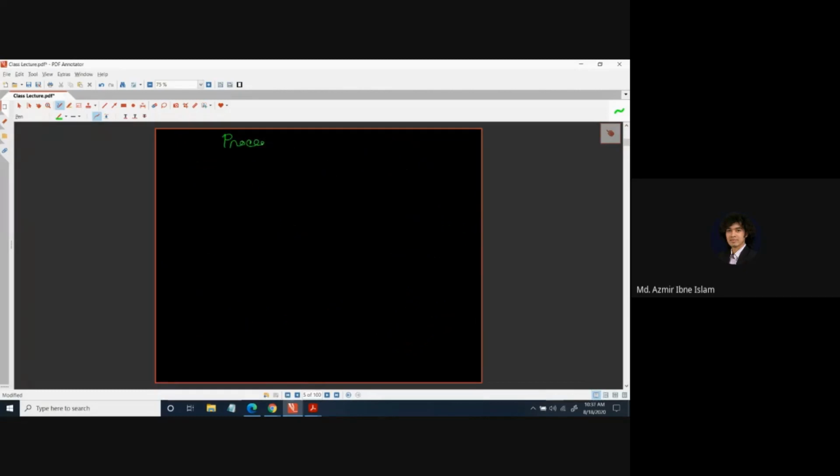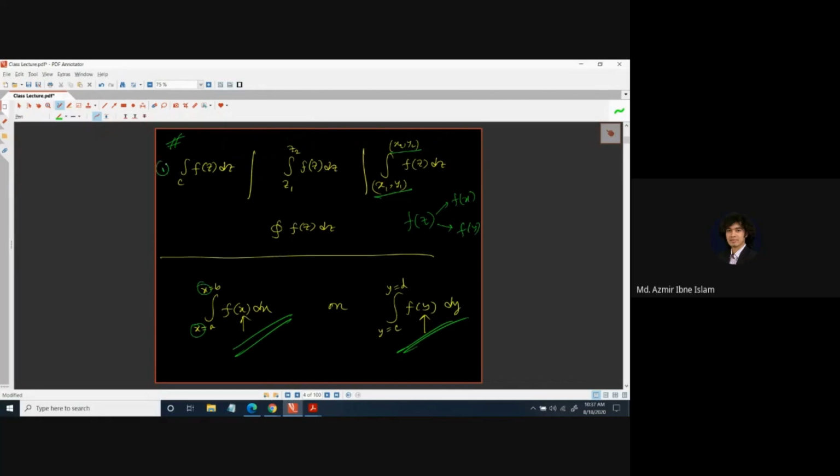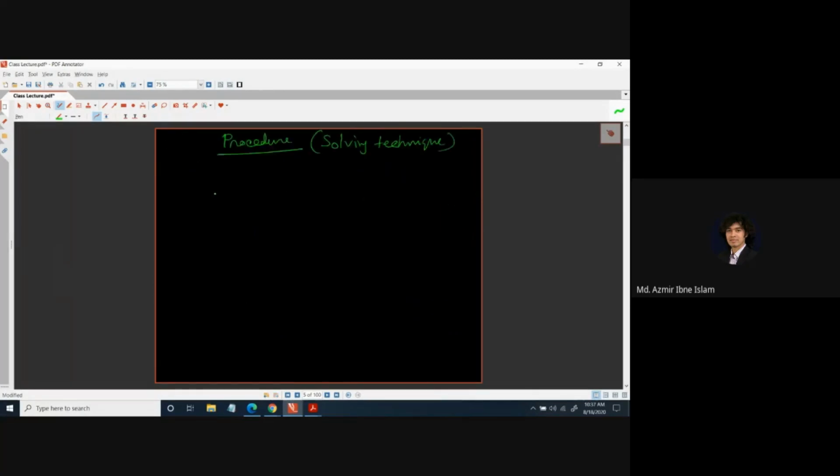I'm mentioning this procedure, how we can integrate complex integrals, or we can say what the solving technique is. Suppose we have any of the forms 1, 2, 3, 4. The forms are looking different, but the solving technique is the same. So at first have a look.